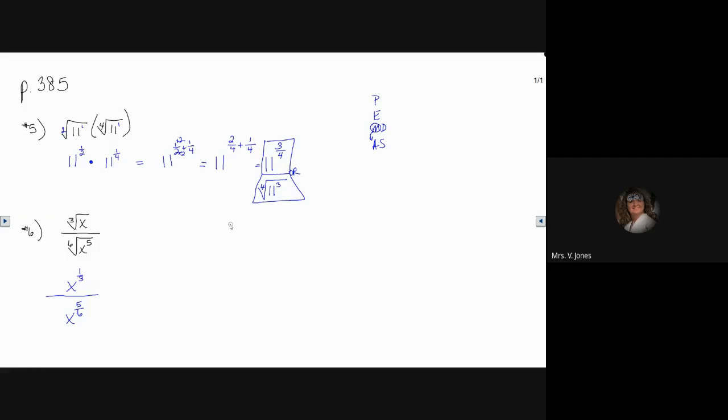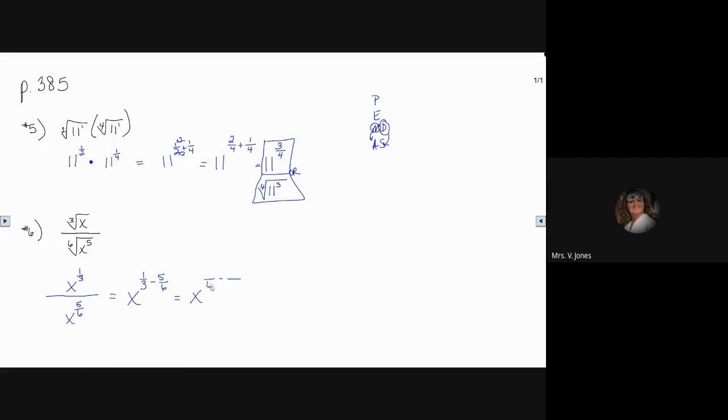Now, similar to up here, we have the same base, but it's being divided. So if you are dividing like bases, you subtract their exponents. So you start from the top, 1/3 minus 5/6. Again, if you're adding or subtracting fractions, the denominators have to be the same.